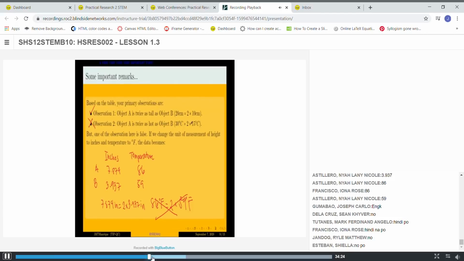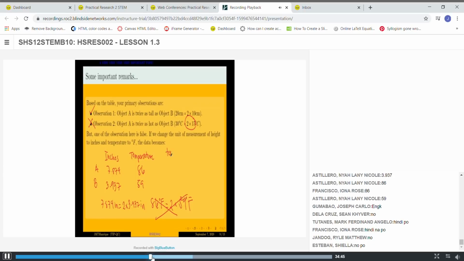Meaning, we cannot use multiplication in temperature. We can only use plus or minus. Ano yung tamang observation para dun sa temperature? Well, gumamit kayo ng addition.